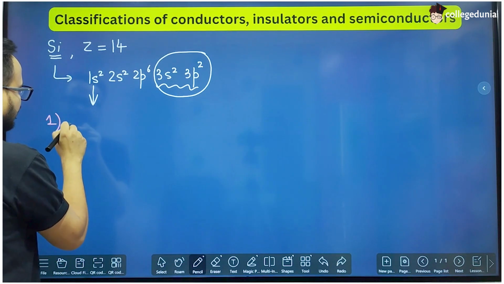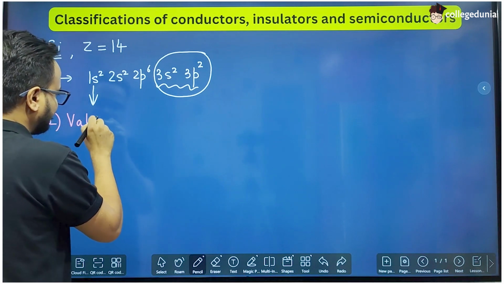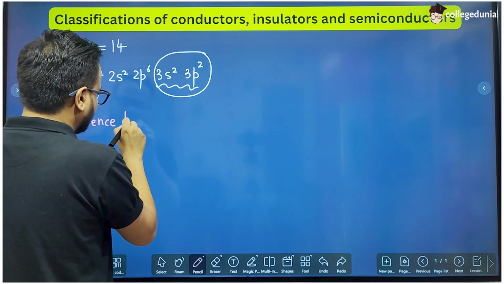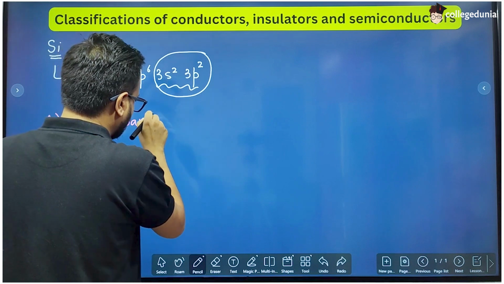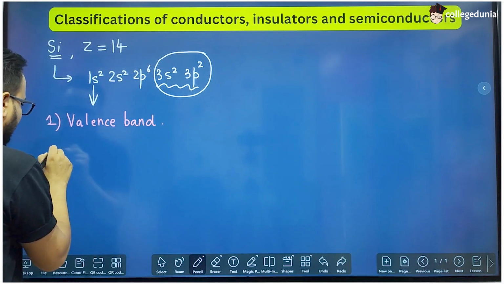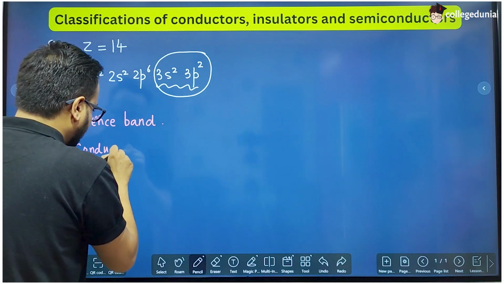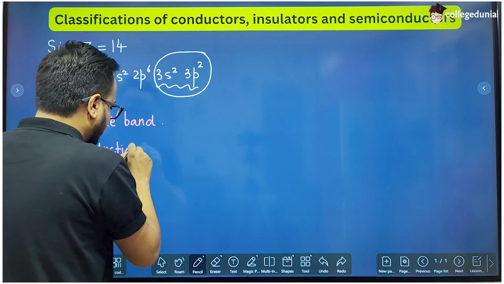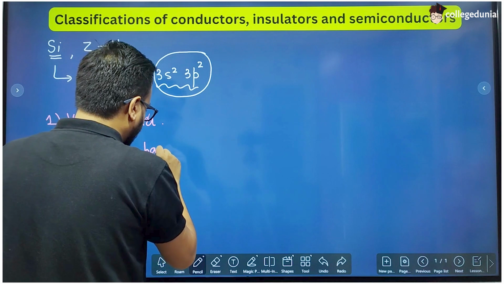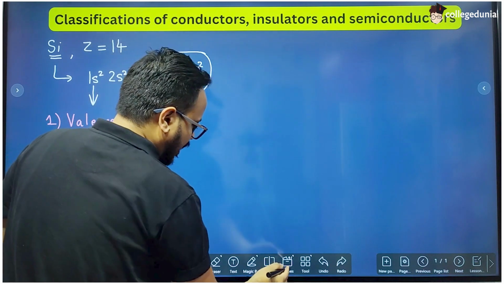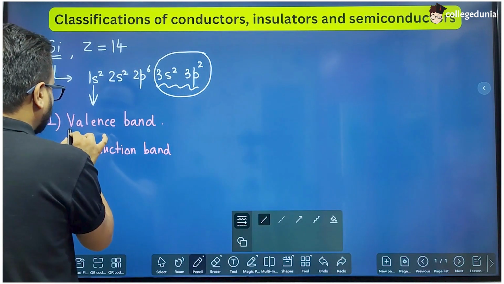One is called the valence band, and the second one is called the conduction band. Right. So what are valence bands and conduction bands?